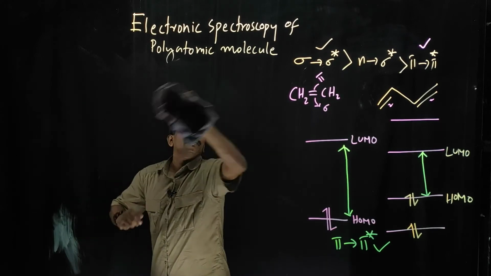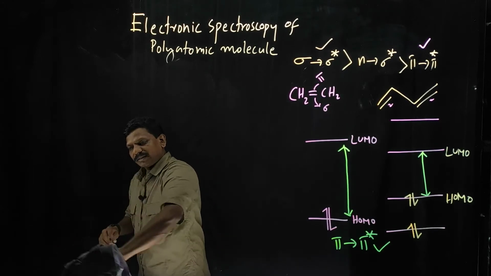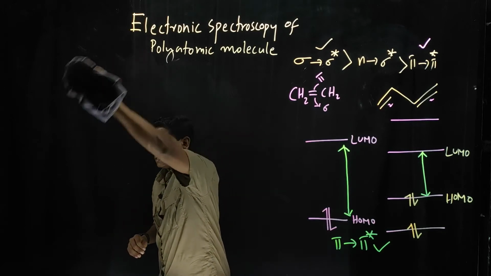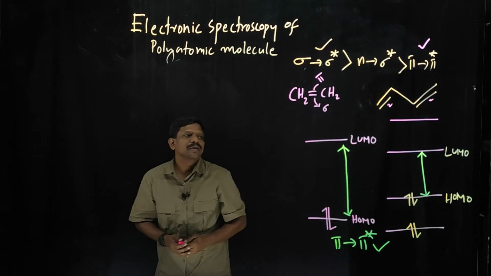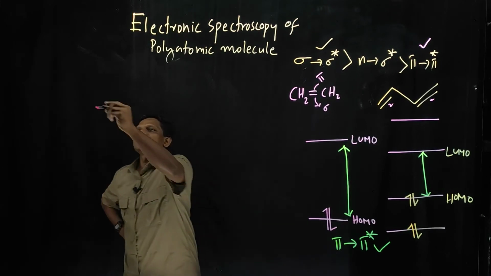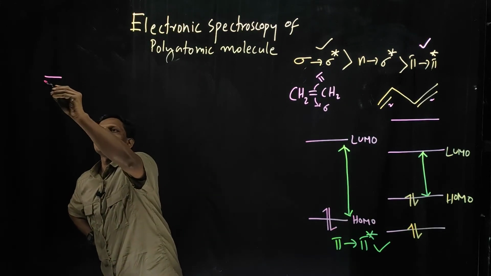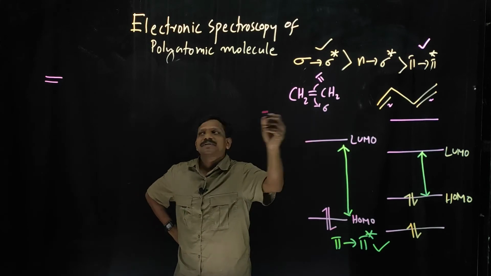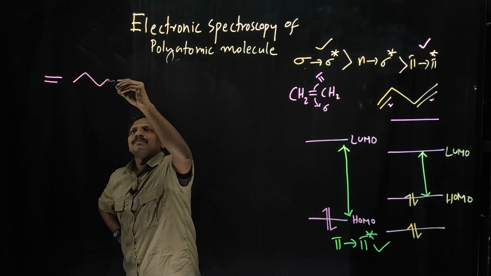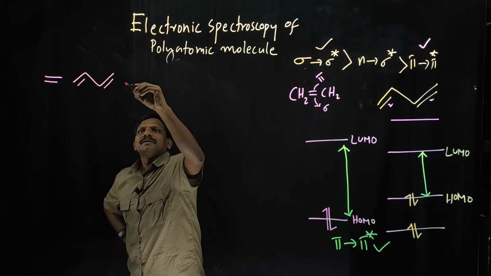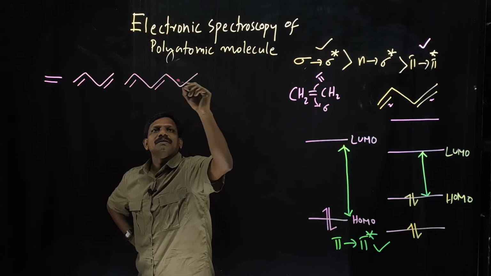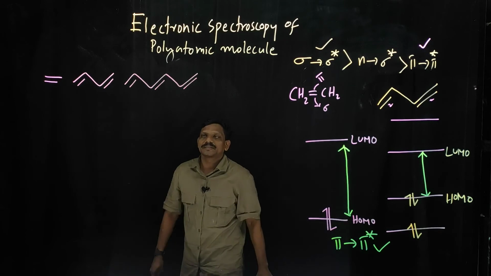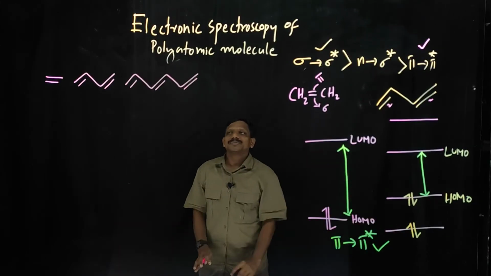Now it is understood that when conjugation increases, the HOMO-LUMO gap decreases. This is the first double bond we started with, then comes butadiene, then 3 double bonds in conjugation, 4 double bonds in conjugation, and it goes on like that.